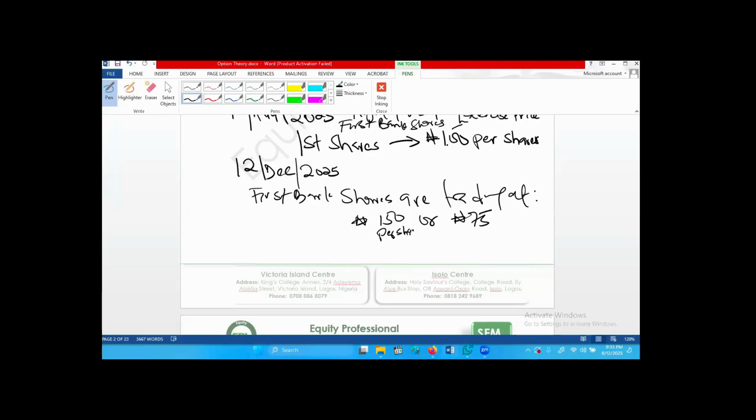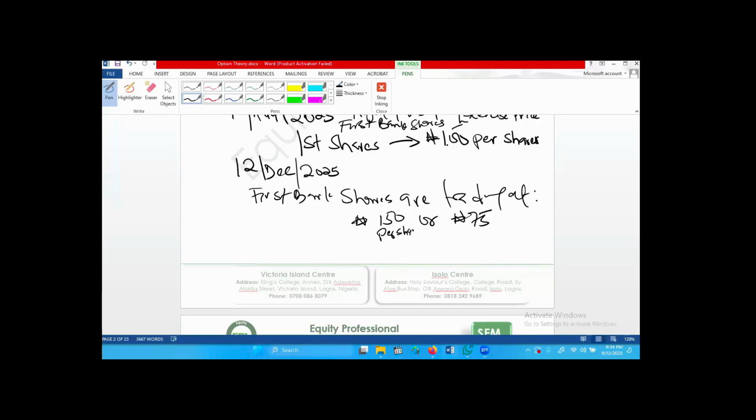You can respond via chat, or you can raise up your hand to speak. It is no, because it is below the share price. Okay? It is no because it is not profitable. You have obtained a right to buy at 100 naira.